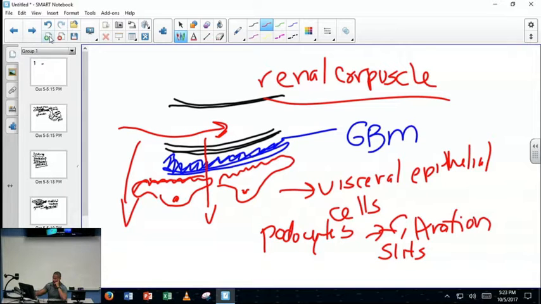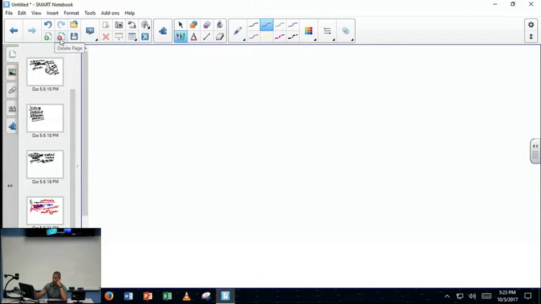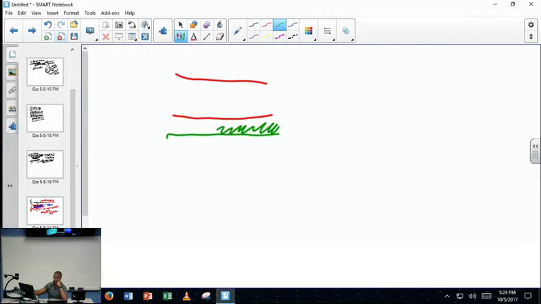So remember these have little fenestrations, holes. These have little holes here. And they allow certain small molecules through without any issue. Okay. So far, you guys understand so far? Okay. That's your basement membrane.